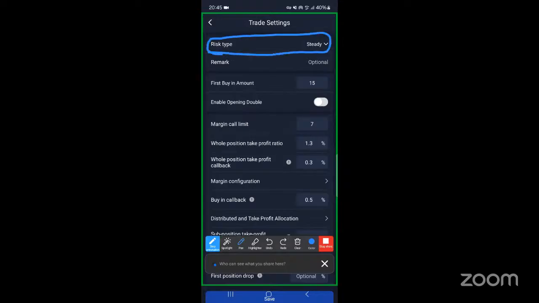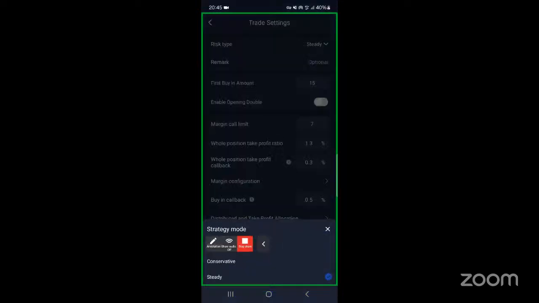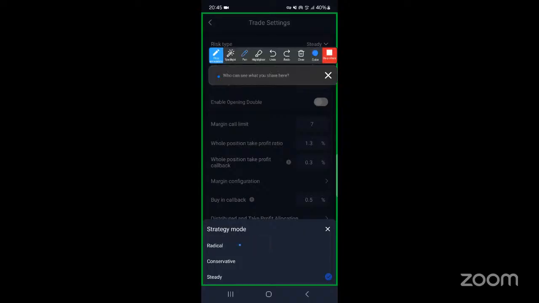Which risk type are we using? There are 3. When you tap here, they will show up. So we have 3 risk profiles: radical, conservative, steady. All right? So let us start by setting the radical one.